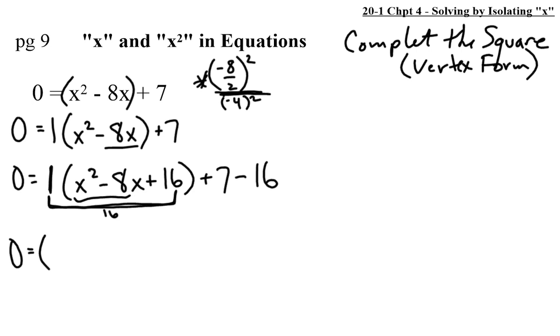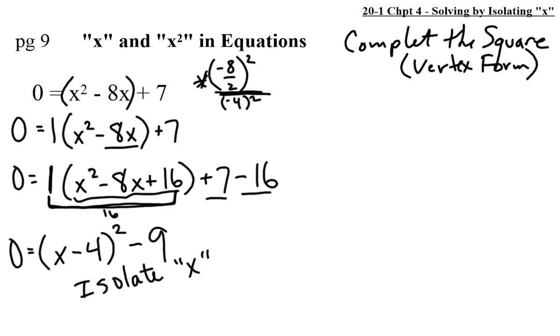X squared minus 8x plus 16 becomes x minus 4 squared minus, and 7 minus 16 leaves us with a negative 9. There's the form we have so far. And at this point, now we isolate the x.